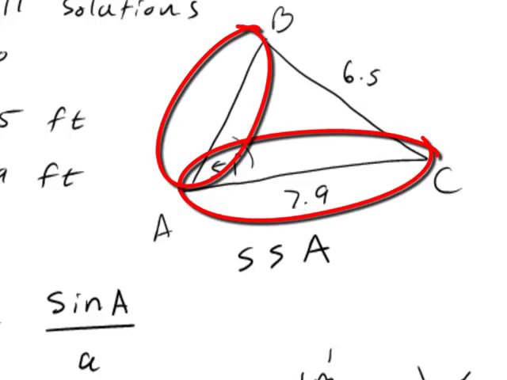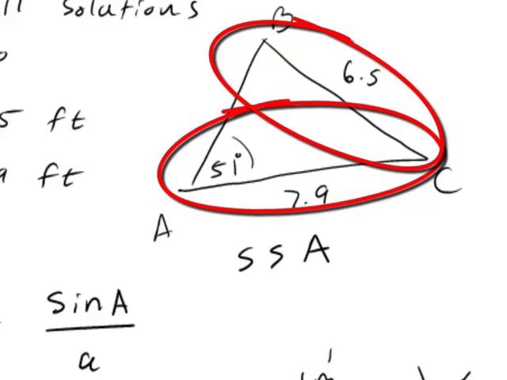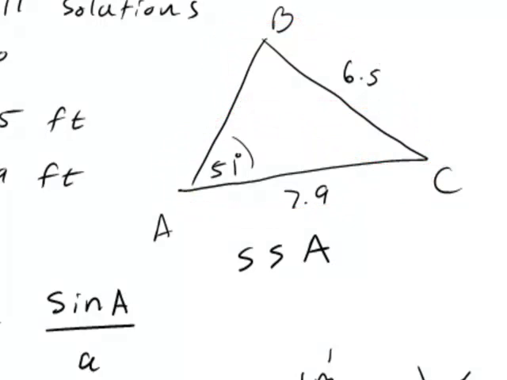I can't bring them closer together, and I can't move them farther apart because the angle 51 is fixed. Also, I cannot change the lengths of these sides. I can't change the lengths of side BC or AC, right? So in a sense, I can only move those around. So the only side that can be moved is going to be side BC.